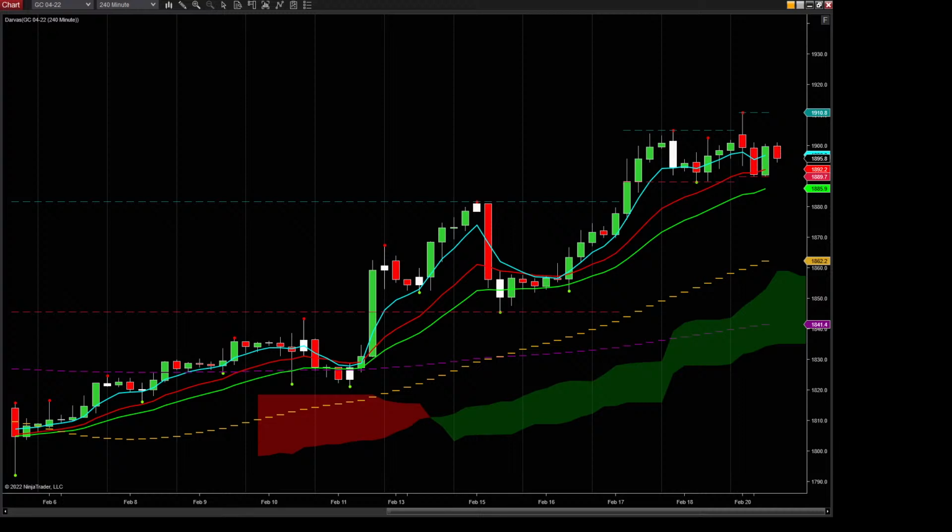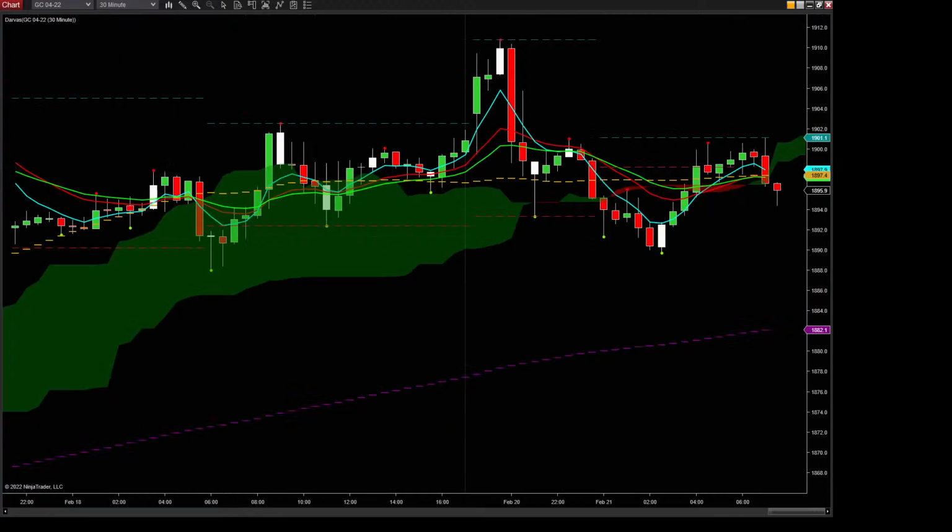It could be that it breaks these lows here, and if it does, then we would have some resistance at this level, in the 1885-90, and then this is the 50 simple day moving average, and then this one could come here to bounce. So that is one possibility. The other one is that it breaks to the upside, and then it's going to find some resistance here at the 1910 level.